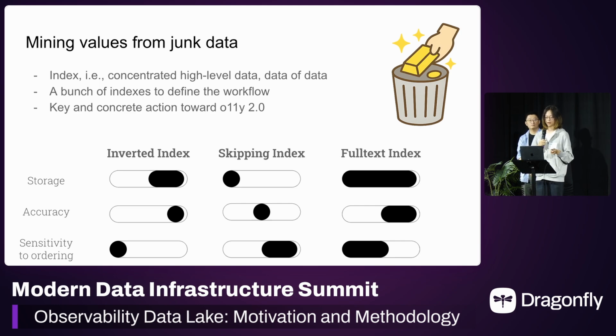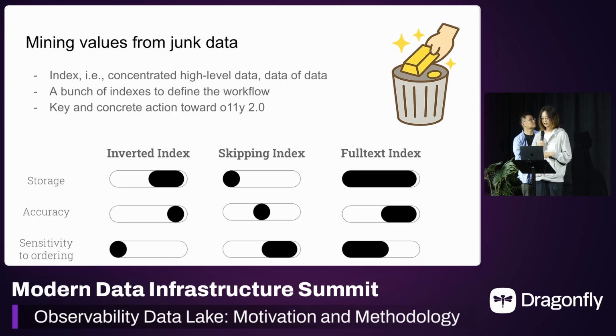In our practice, for a logs scenario where we want to do full text search and, at the same time, extract some timeline or time series from the same data, we can, for example, put a skipping index and a full text index on it. By doing this, we can get good performance for either a single point get as well as a full text search.